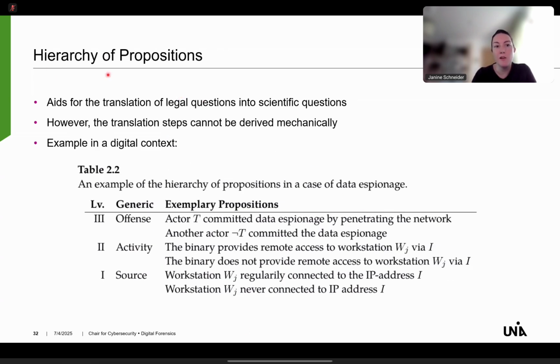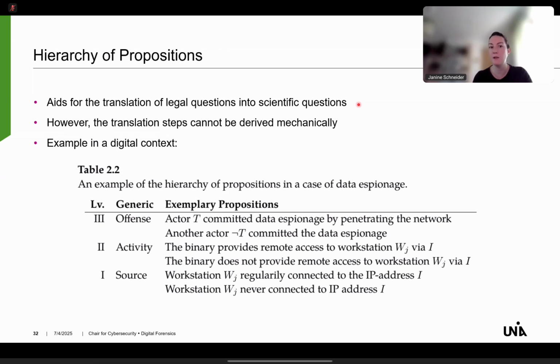This hierarchy of propositions, these levels and categories, actually aim to aid the translation from a legal question to a scientific question. Maybe you can remember what we talked about in the beginning. The investigation, prosecution and the court always want to answer a legal question, for example, did A commit the crime? But we as scientists cannot answer that question.